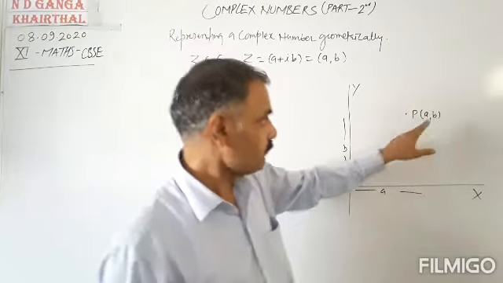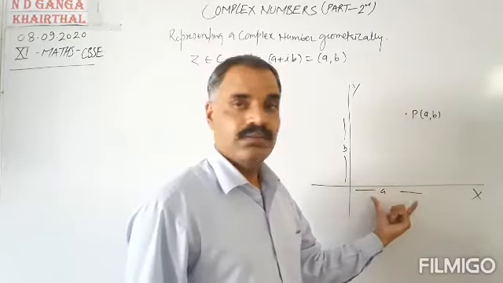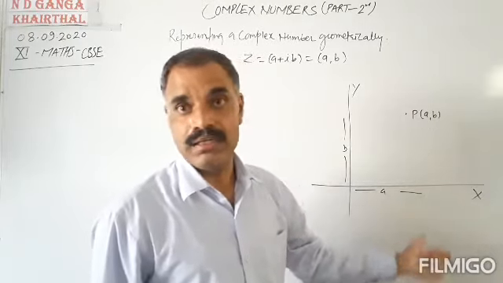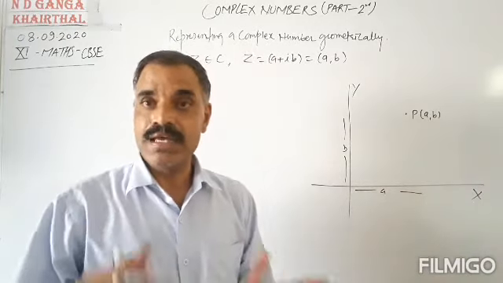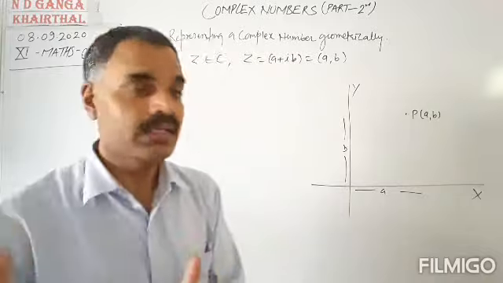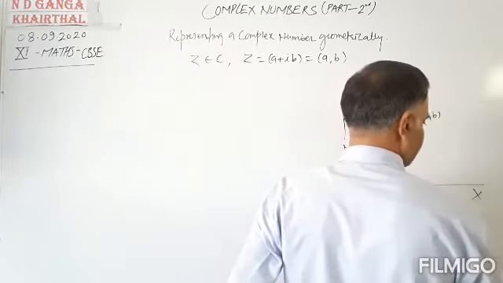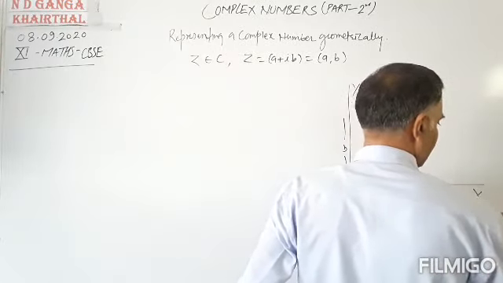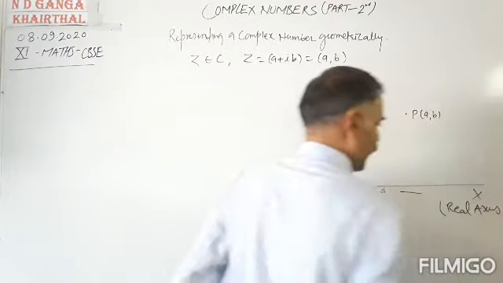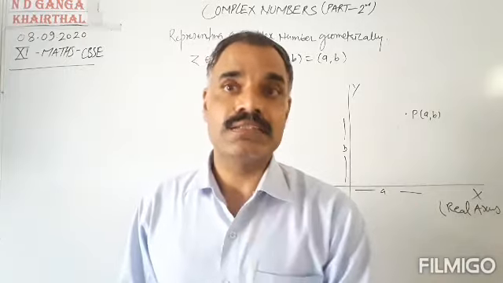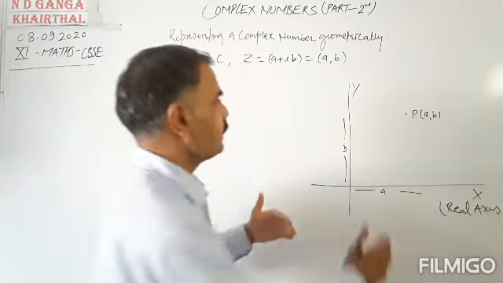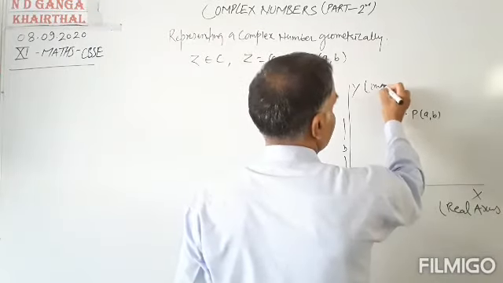Since the real part is located on the x-axis, the x-axis is said to be the real axis. And the imaginary part b is located on the y-axis, that is why the y-axis is said to be the imaginary axis.